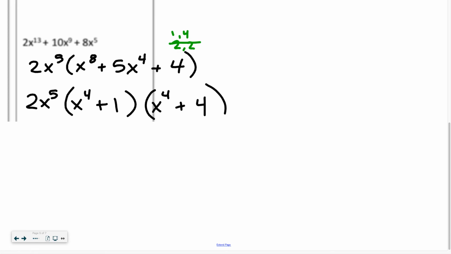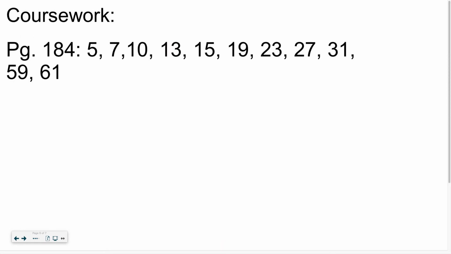That way, when I check it, x to the 4th times x to the 4th is x to the 8th. 4x to the 4th plus 1x to the 4th is 5x to the 4th, and 1 times 4 is 4. A lot of times people say 1 and 4 makes 5, and then they drop 1 and 5 in. You can see how these are really easy to get your numbers muddled. So you need to make sure that you're checking those at the end to make sure that they are the trinomial that you said it was.